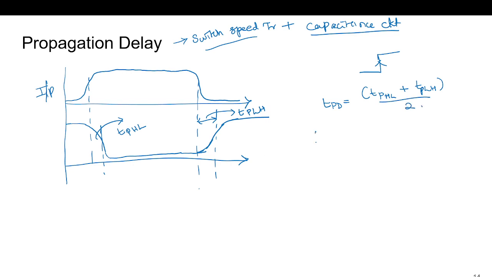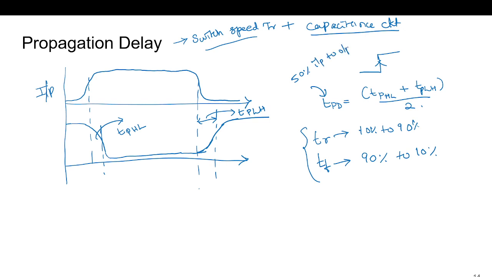And we have something called rise time and fall time. This is from 10% to 90%, the time taken by the signal. And the fall time is from 90% to 10%, the time taken by the signal. Here we have 80% of input to output, from 0 to 90% and 90 to 0%.